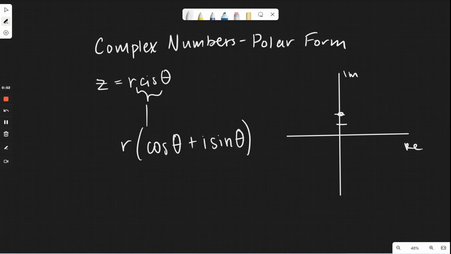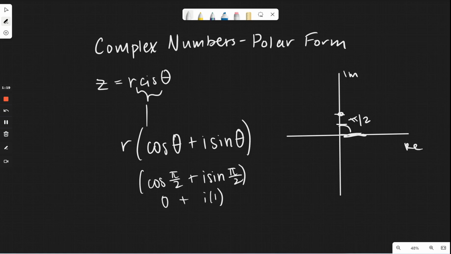If this were the polar axis, this angle right here would be pi over 2. When we have pi over 2, sine is 1 and cosine is 0. So if we had cosine pi over 2 plus i sine pi over 2, this would just become i, because this is 0 plus i times 1.